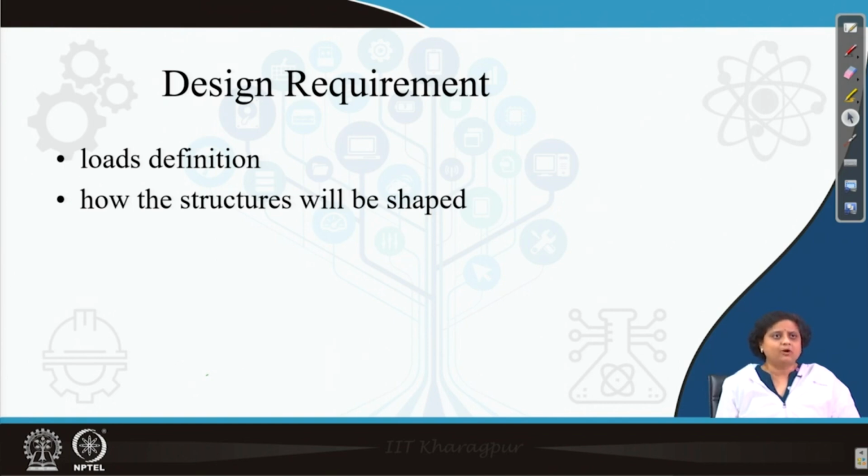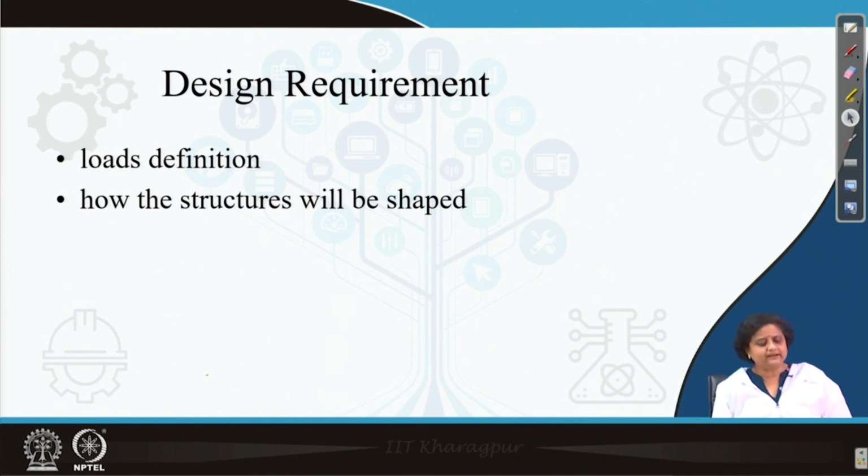So, all these forms of loading that are going to come on the structural component of an aircraft should be known clearly before we can go ahead and design the component. Certain parts of the aircraft will experience only aerodynamic load, certain parts will experience an impact load, certain parts will experience a maneuver load most. So, these things have to be known clearly in advance before we can design the structure.